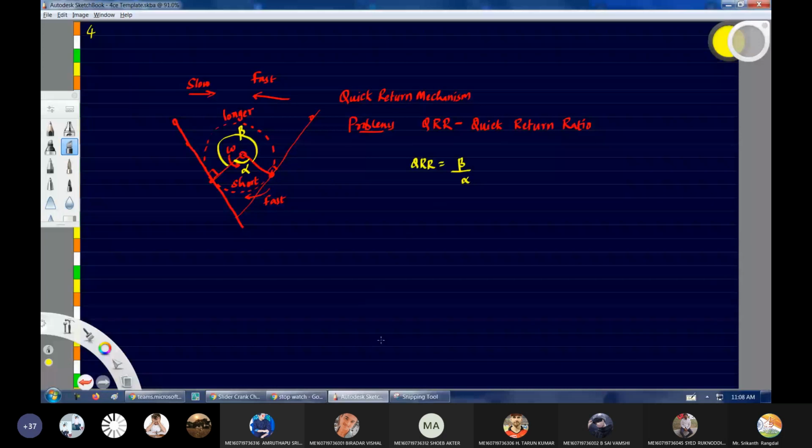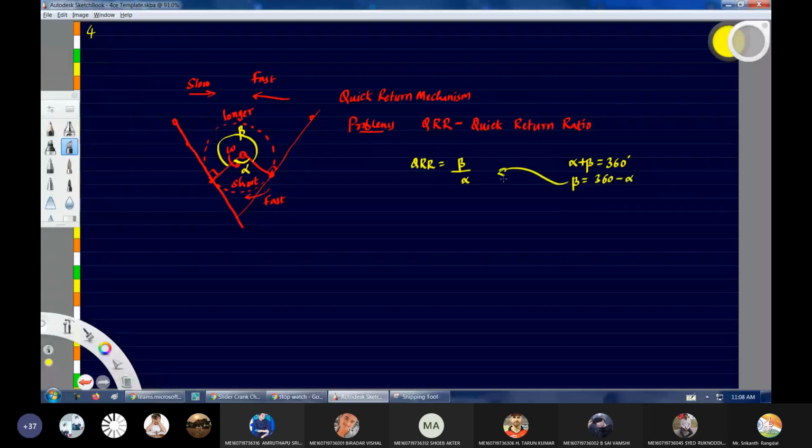Now alpha and beta, are they related? How much is alpha plus beta? 360 degrees, complete rotation. Alpha plus beta is 360 degrees. So we can write beta as 360 minus alpha.